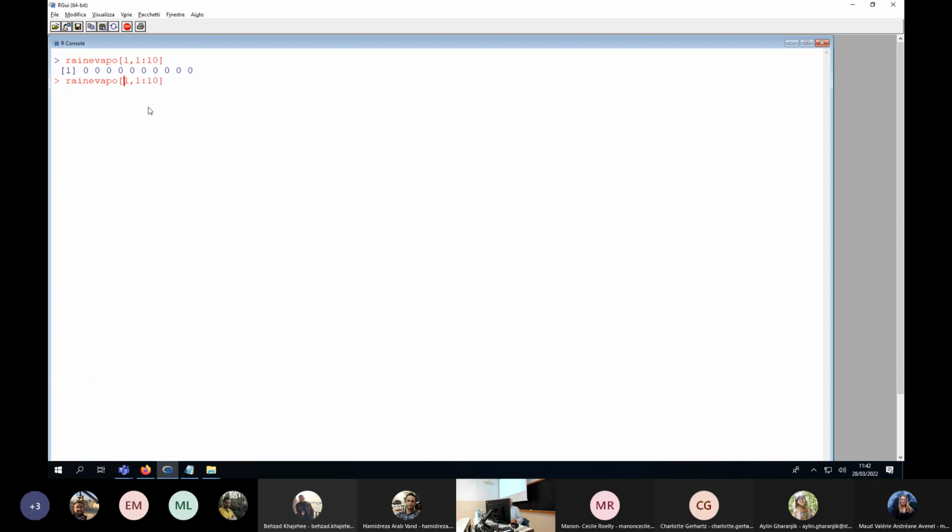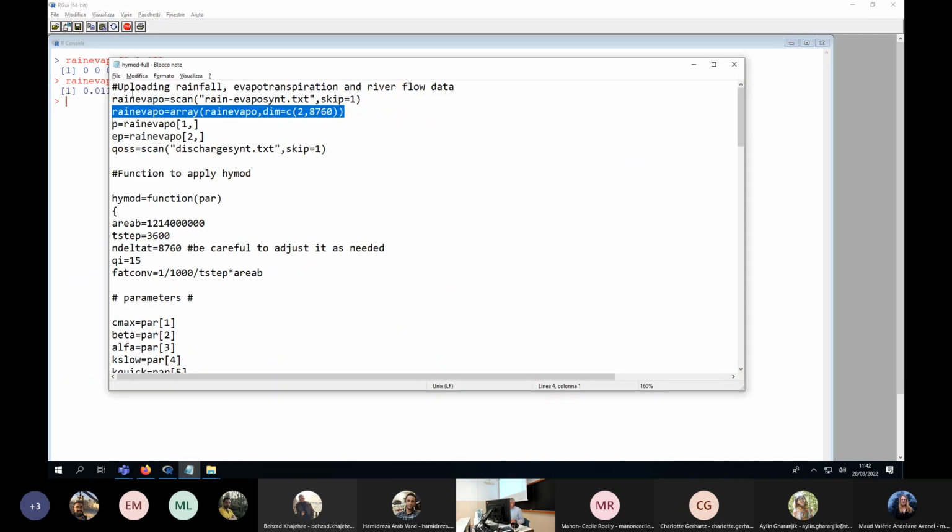If I want instead to get the second column, 10 lines, it's evapotranspiration data. Perfect. Now I have the data in a matrix. In order to use them, and I look at the code again, let me put these columns into 2 vectors.